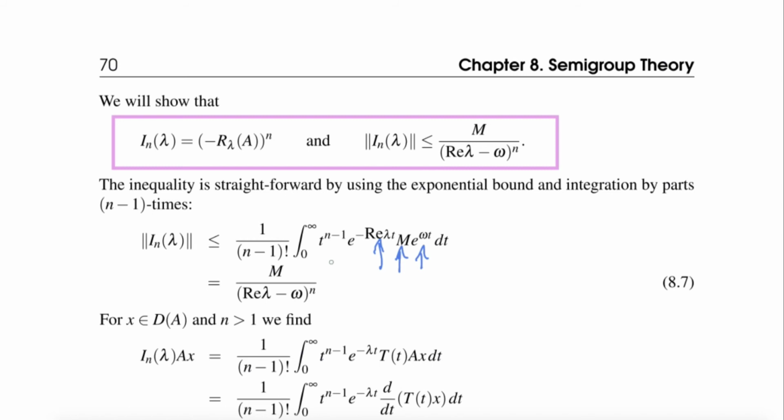But now we have t to the n minus 1, so we can do integration by parts once, and then one n minus 1 cancels in the front, and we get t to the n minus 2. And we do it again and again and again, until we get M divided by (real part of lambda minus omega) to the power of n.